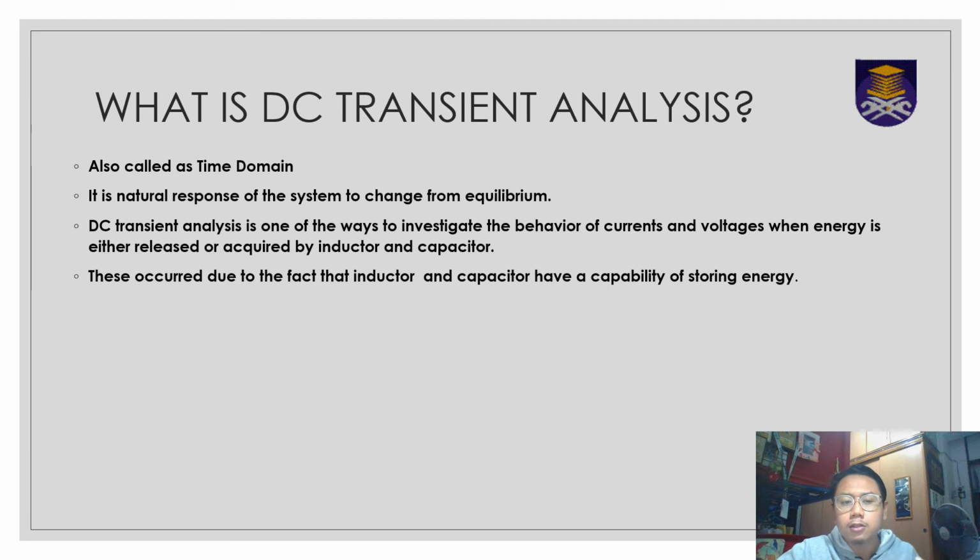It is one of the ways to investigate the behavior of current and also voltage when energy is either released or acquired by inductor and also capacitor. This occurs due to the fact that inductor and capacitor have the capability of storing energy.